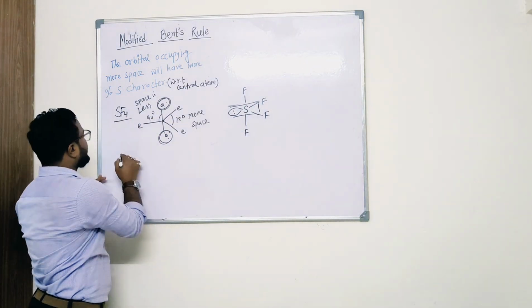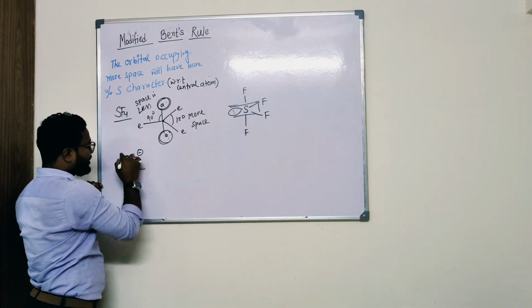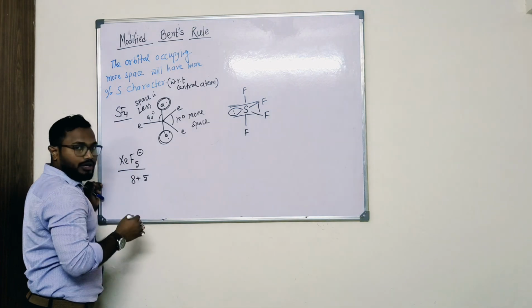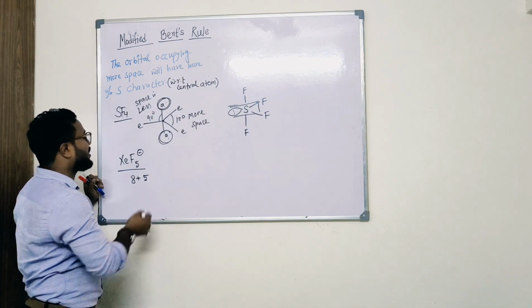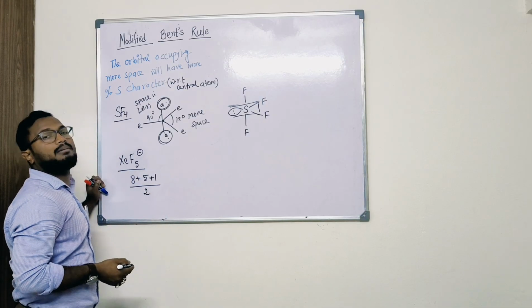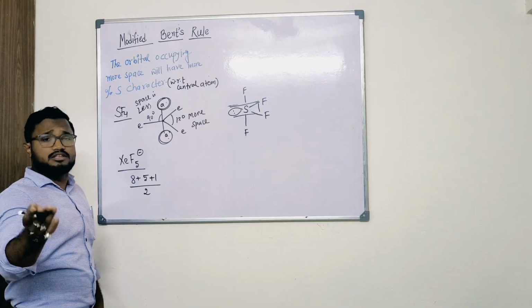Now let's check. If we take XeF5 minus, xenon valency is 8, 5 is for 5 fluorines, each monovalent, so plus 5, and minus charge is there, so plus 1, divided by 2. Which rule am I applying? This is actually one extension of VBT, or you can say this is a VBT rule.